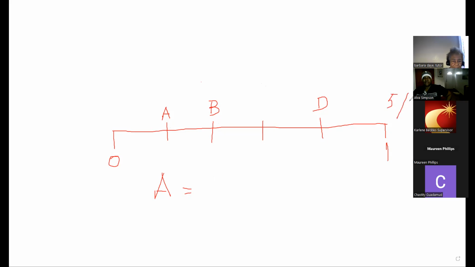Yes. 5/5 is equal to 1. Got it? So what is A equal to, Michelle? Let me see, 1/5. Very good. Okay, Maureen, D is equal to what? 4 fifths. That's it. You got it. D equals 4/5.